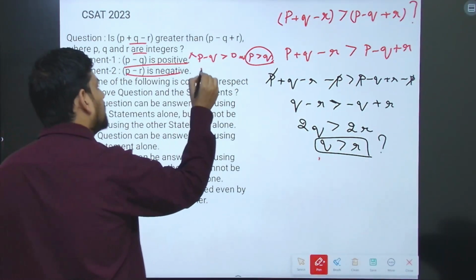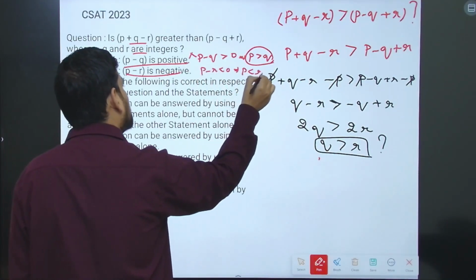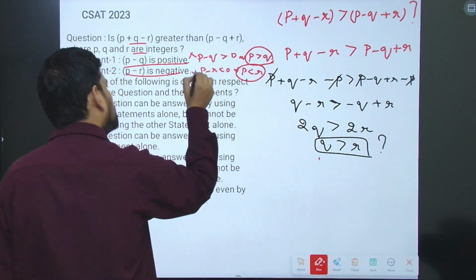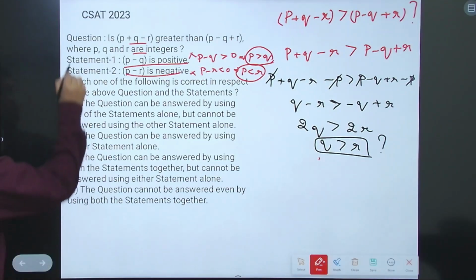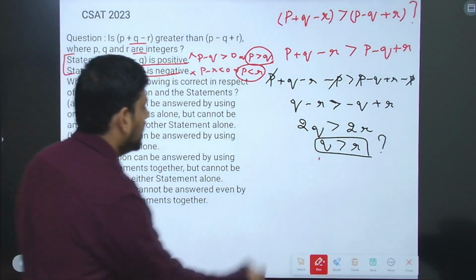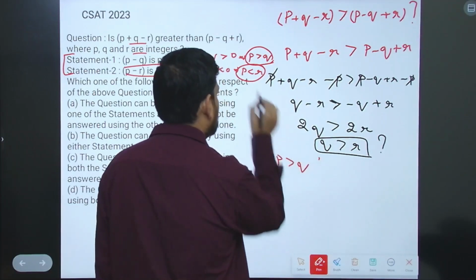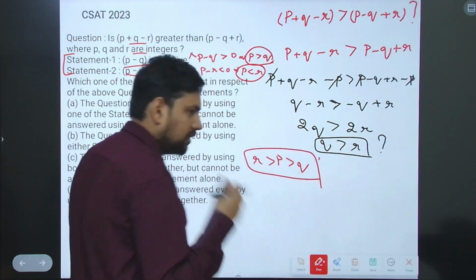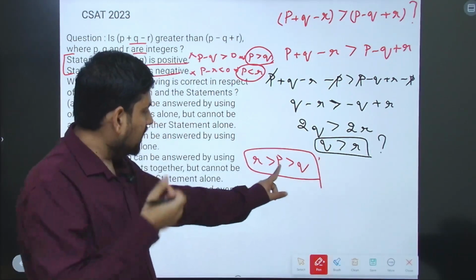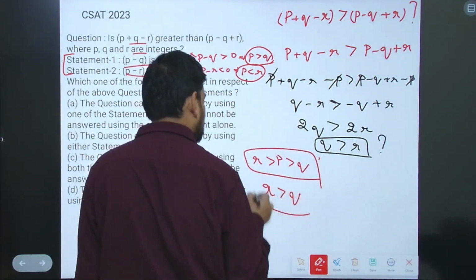So this gives P minus R is less than 0, which implies P is less than R. Is this enough? No. This is giving a relation between P and R, not Q and R. But if I combine both of them, this gives P is greater than Q and this gives P is less than R. So I get this. P is greater than Q and P is less than R. Ultimately what I got: R is greater than Q.